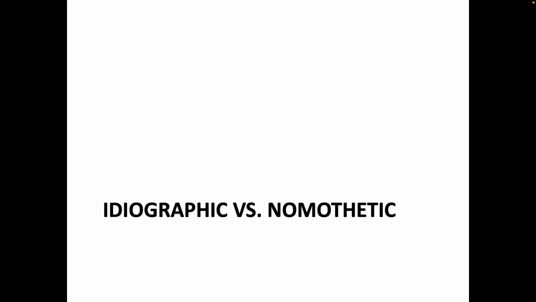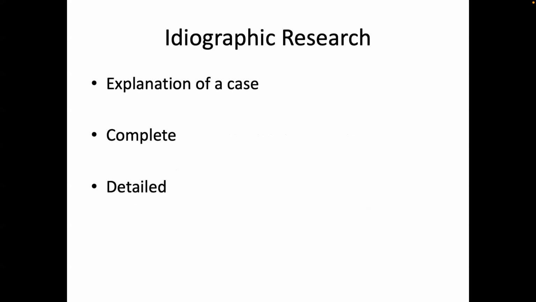This is non-trivial. So let's talk about ideographic versus nomothetic research. These are a couple of 10-cent words in epistemology. Ideographic research, from the root of ideo, meaning unique, right?